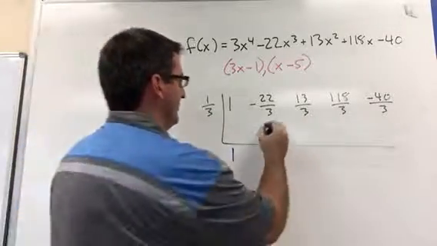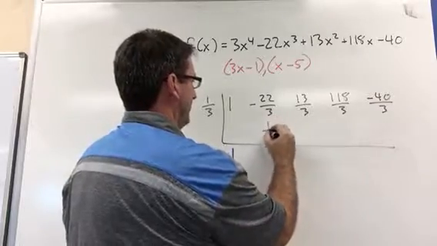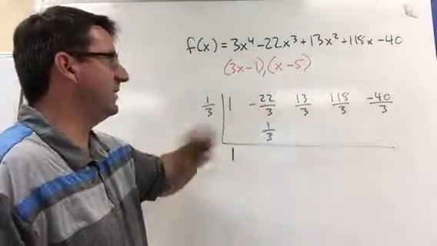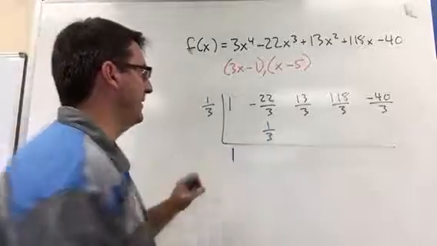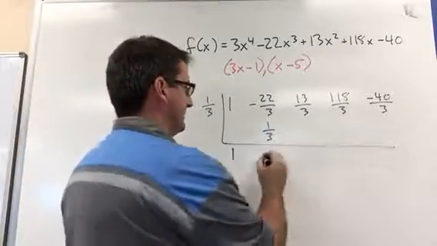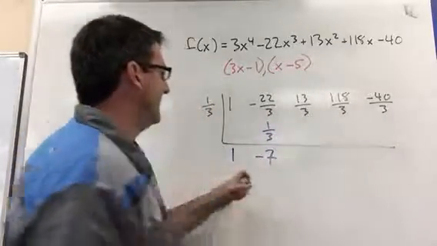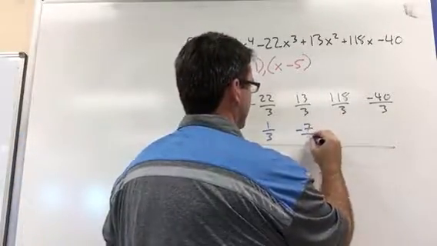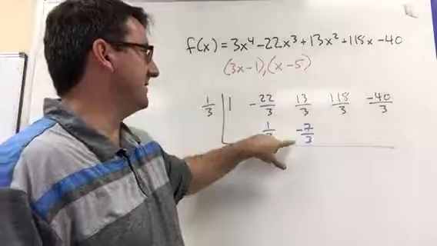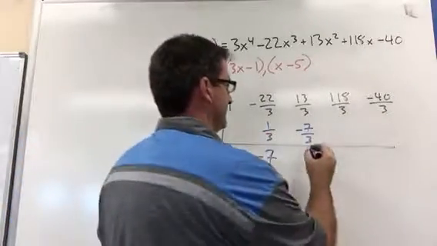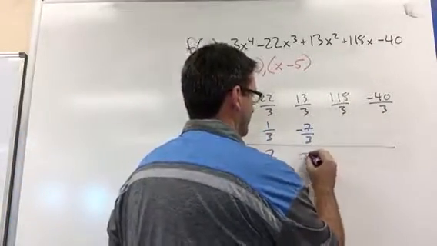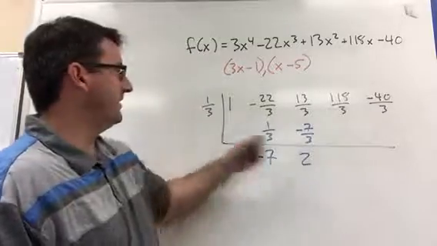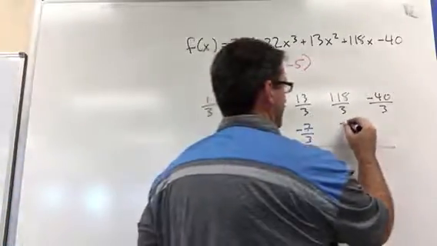1 times 1/3 is 1/3. Negative 22/3 plus 1/3 is negative 21/3, which is negative 7. Negative 7 times 1/3 is negative 7/3. 13/3 plus negative 7/3 is 6/3, which is 2. 1/3 times 2 is 2/3.